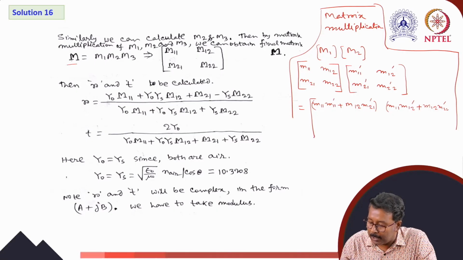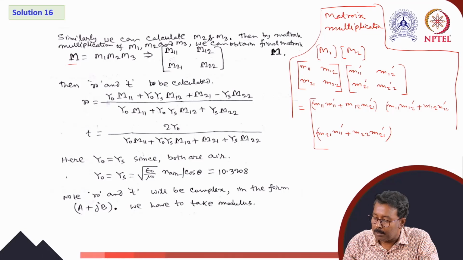Similarly, the third element will be m21 into m11 dash plus m22 into m21 dash.